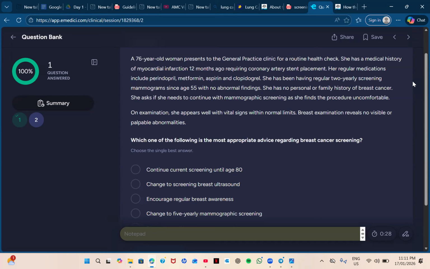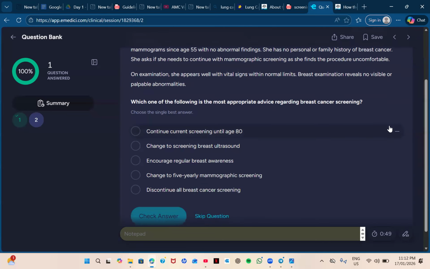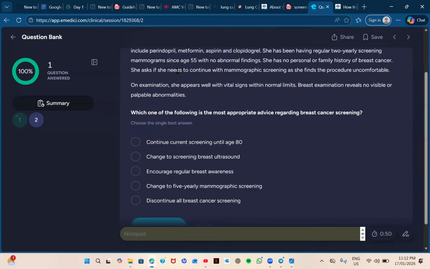She has no personal or family history of breast cancer. She asks if she needs to continue with the mammographic screening as she finds the procedure uncomfortable. On examination, she appears well with normal vital signs, and breast examination reveals no palpable abnormalities. So, which one of the following regarding screening? What do you think, doctors?